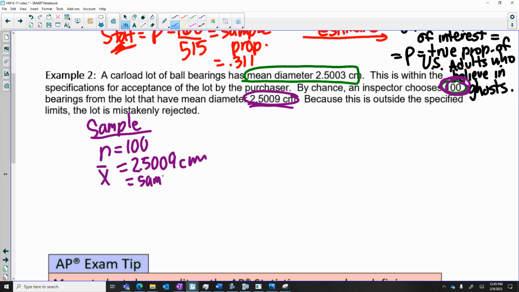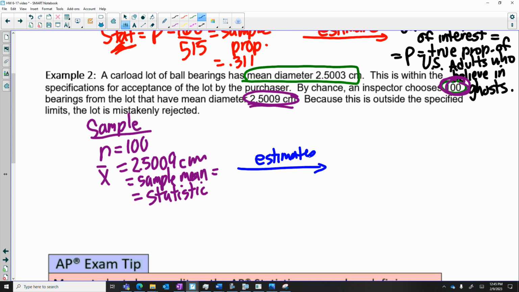And if it is from the sample, we call it a statistic. Now, that is the sample of the 100 that were randomly selected. We hope that the x bar estimates the true mean, which is called mu, the true mean of all the carload lot of ball bearings.